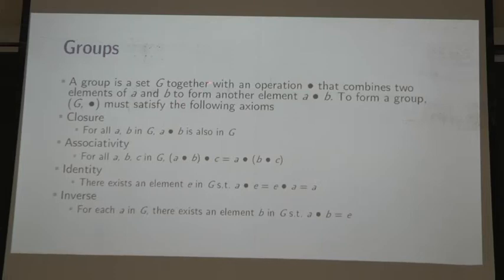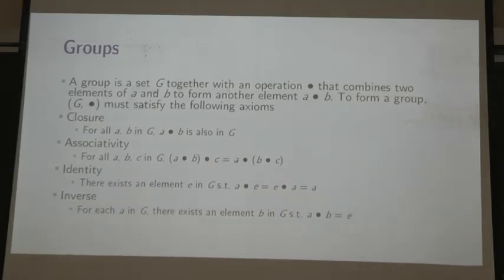So a set and an operation combine to form a group, where the operation combines two elements A and B to form another element A dot B. For example, addition as applied on the set of integers. The group operator is addition, and the group is the set of integers.